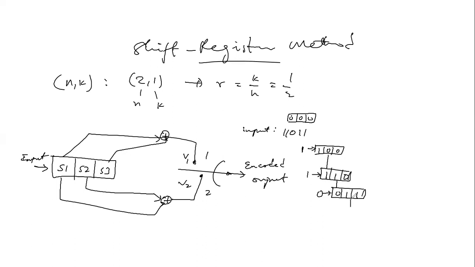Then this becomes the initial state for the next bit, 1. So it becomes 1, the 0 shifts, then this 1 shifts, then the last one here is dropped. This becomes the initial state for the final bit, 1. Once that 1 fits in, this one moves, the 0 moves, and the last one drops. So this is what we are going to get.